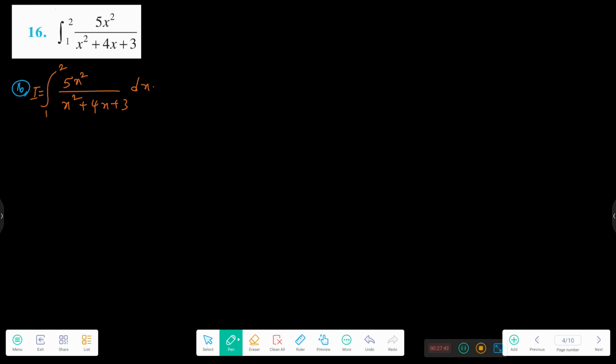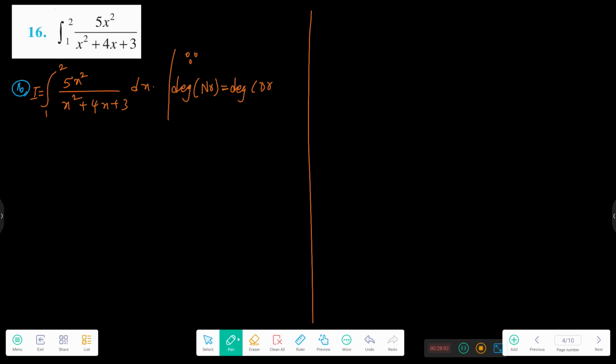The degree of the numerator is equal to the degree of the denominator. If you have it like this, what did I tell you to do? We can go with long division, or I gave one more idea.